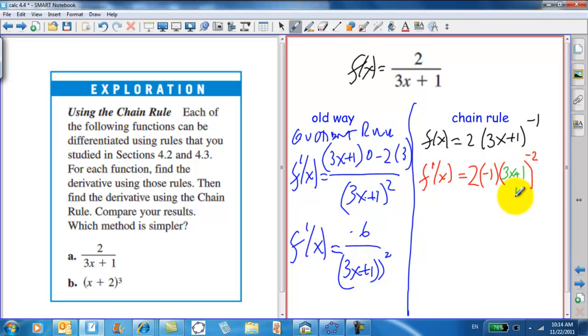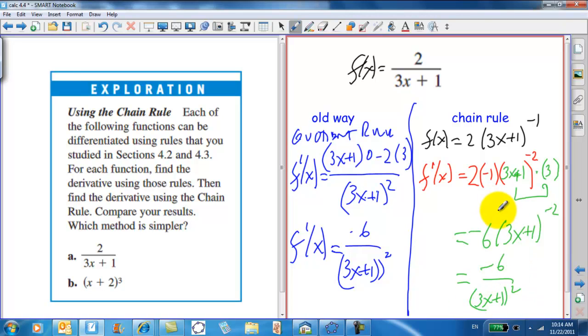But don't forget this step now, to multiply by the derivative of the inner function. The derivative of 3x plus 1 is 3. And so you can see we get negative 6 times (3x plus 1) to the negative 2, which is the same as what we have over there. This would be a fine answer like this.